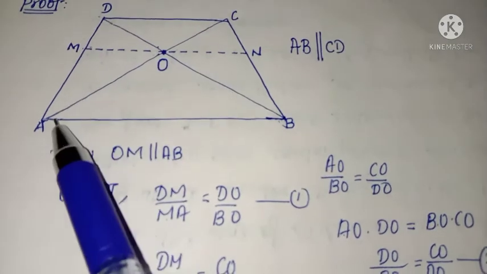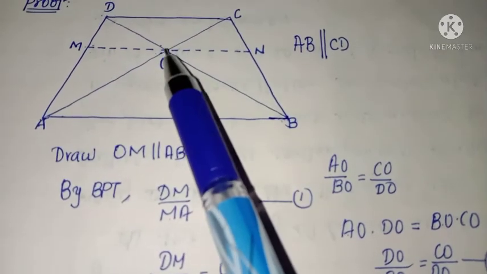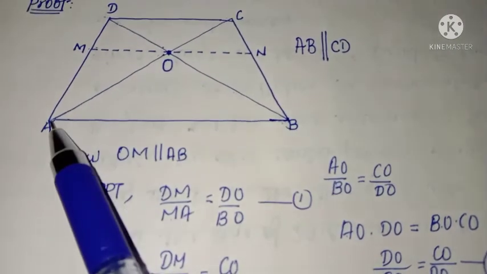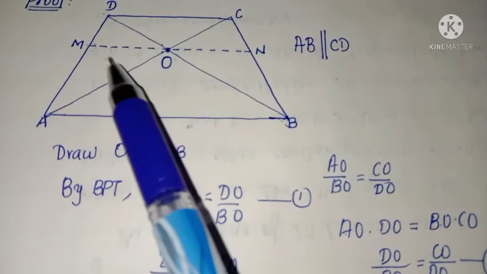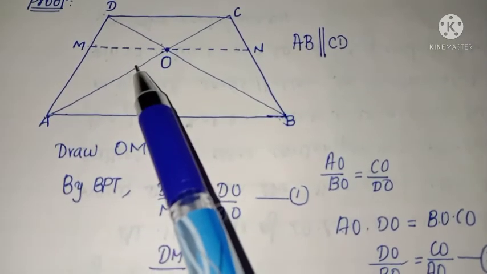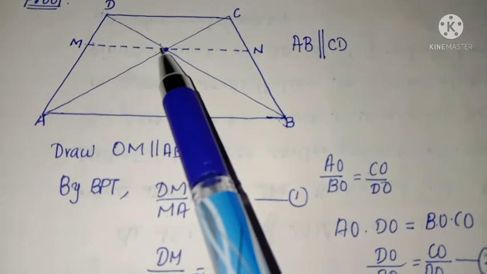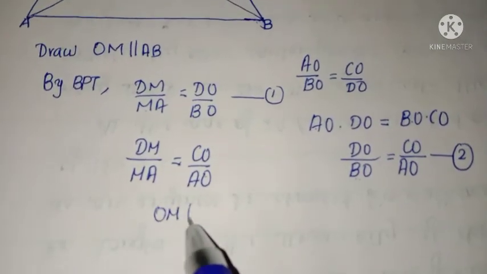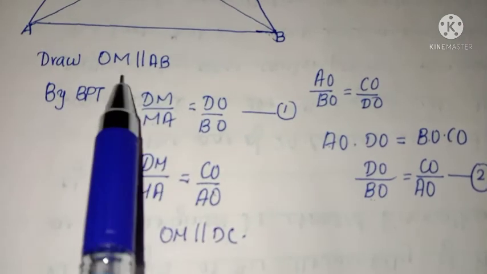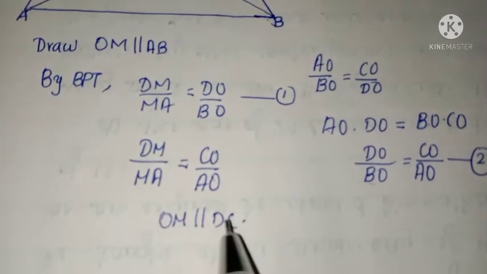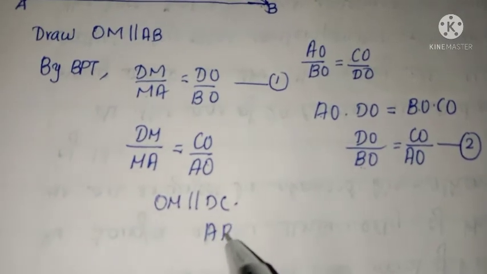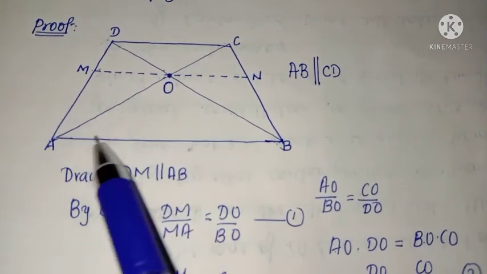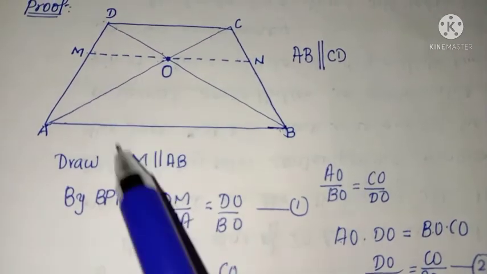DM by MA is equal to CO by OA. That means in this triangle ADC, corresponding sides are in the same ratio and therefore by Thales theorem, the line OM is parallel to DC. So, OM is parallel to AB, OM is parallel to DC means AB is parallel to DC. If AB is parallel to DC, then the given quadrilateral is a trapezium.